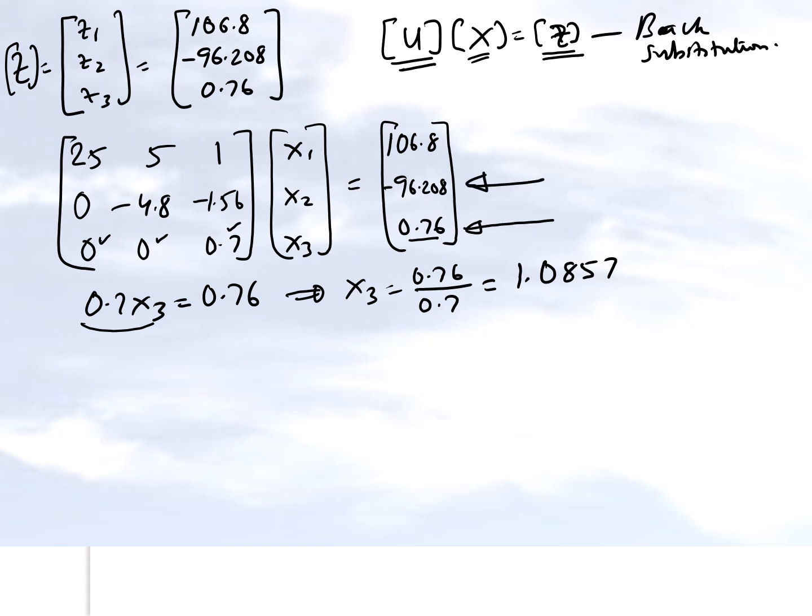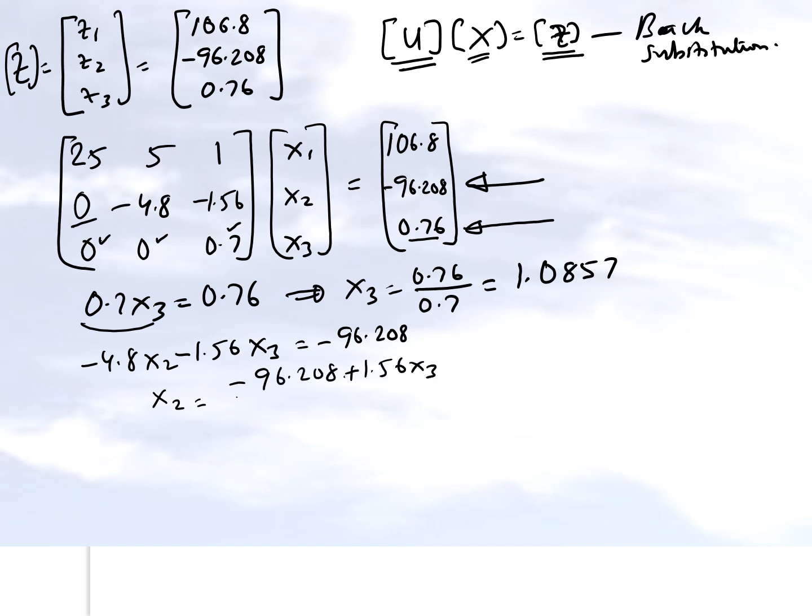Let's look at the second last equation. We'll get minus 4.8 x2 and minus 1.56 times x3 equal to minus 96.208. There's no x1 term because we have a 0 here. And what does that give us? If we write down what x2 is, we write it in the same form as we would if we were doing this through a computer program.